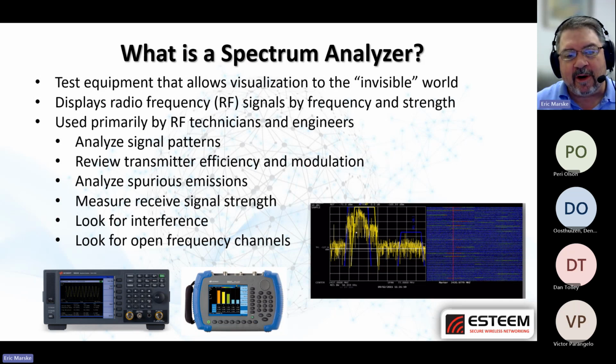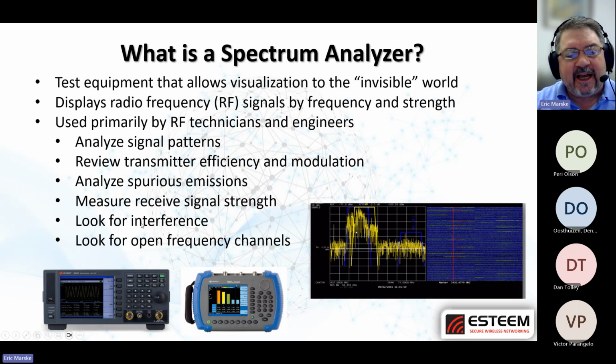A key element is looking for open frequency channels, especially when dealing with the 900 megahertz, 2.4 and 5.8 gigahertz bands. All of these are shared frequency bands, so when you're trying to determine which one to use, you want to find the most open channel you can.